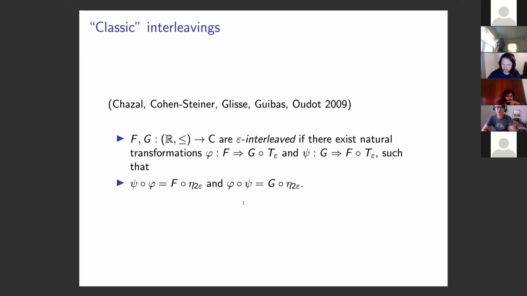If you can do it without translating, then you've just got a morphism of functors. So going across one way is fine. If you go across and back again, then you end up 2 epsilon units further down from where you started. It's almost like there's a flow in between your two copies of the real numbers.